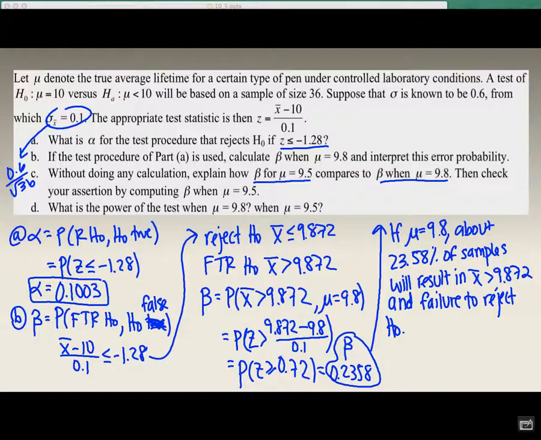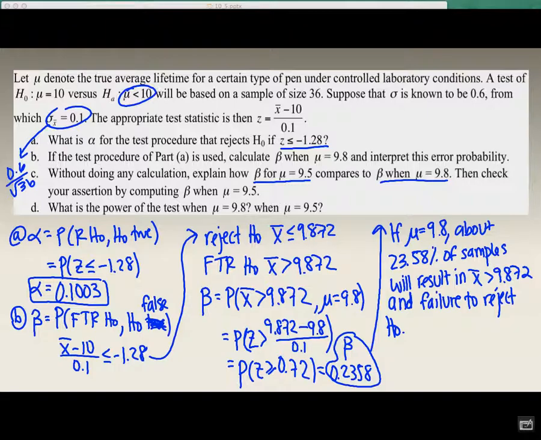So if you do 1 minus beta, which one's going to have a higher power? 9.5. Look at your paper. We just talked about this. It has to do with the discrepancy between the null and the actual value.